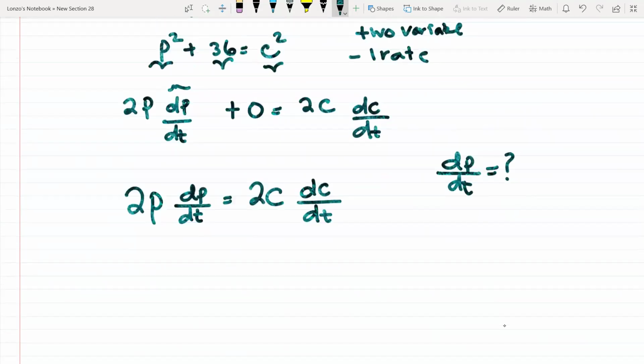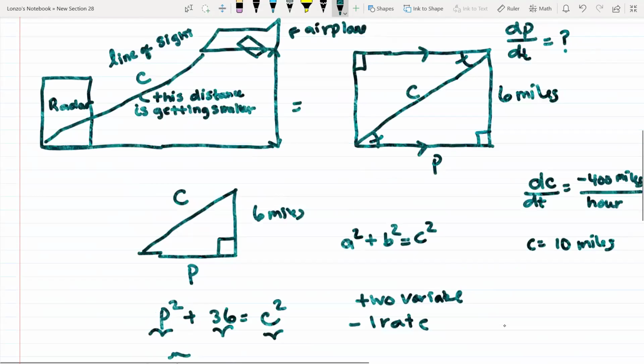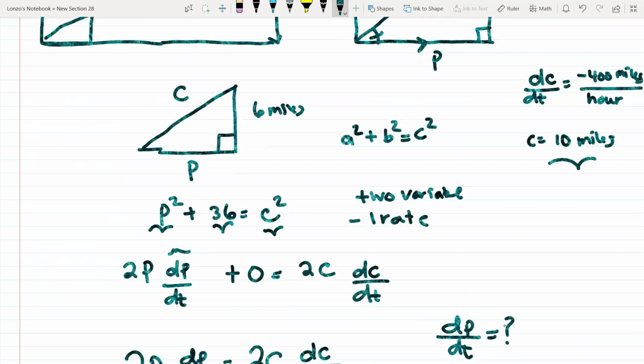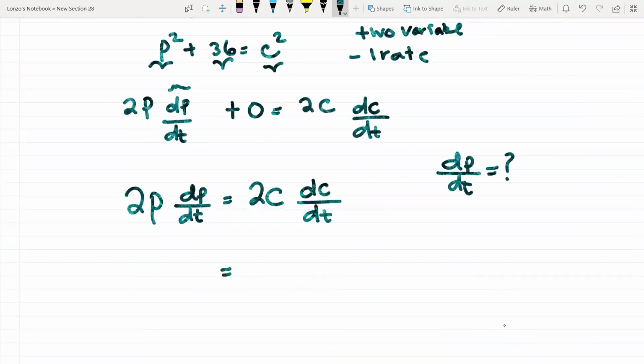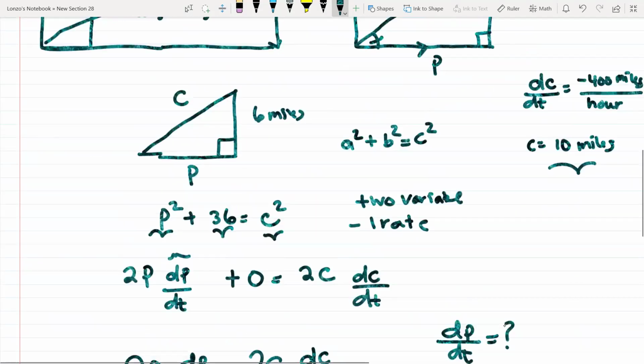So let's get rid of this. I think I just have to get rid of this 2p. Wait, we have a value c. C is 10 miles. So let me put that in.